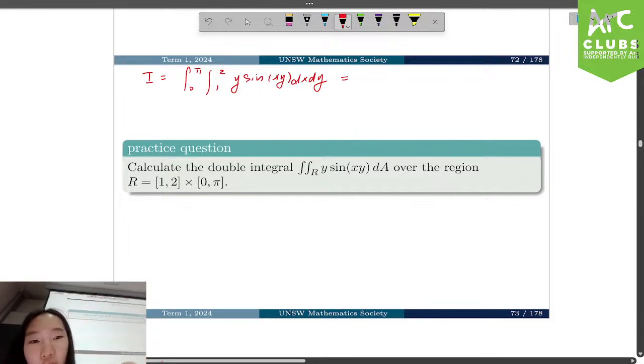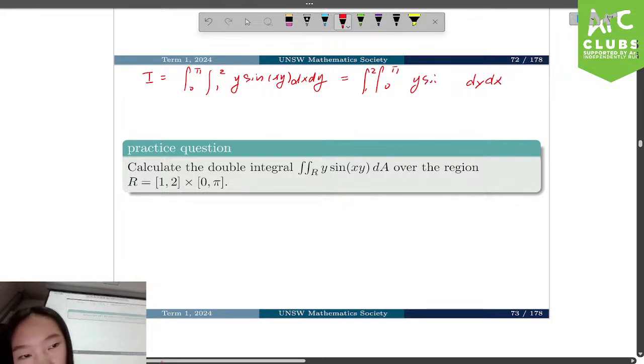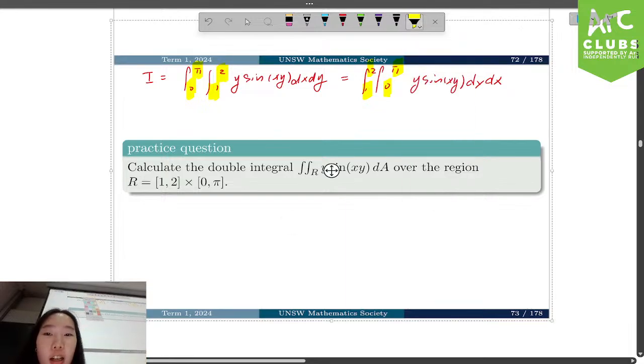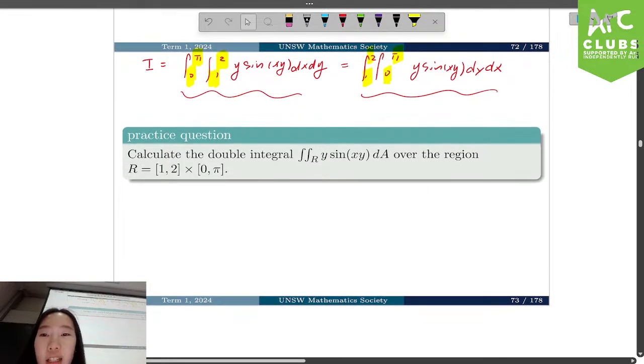That is equal to the double integral from 1 to 2, 0 to π, dy dx, of y sine xy. So basically they're the same; we're just changing the sequence of the bounds, right? Okay, cool. We can select one of them to evaluate because they're exactly the same, and whichever makes the calculation simpler, we can use.